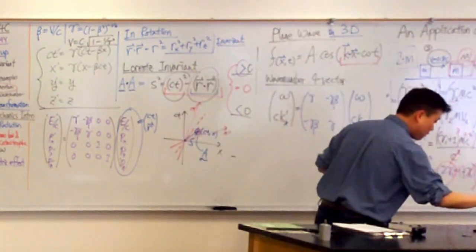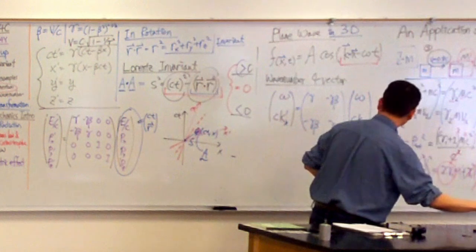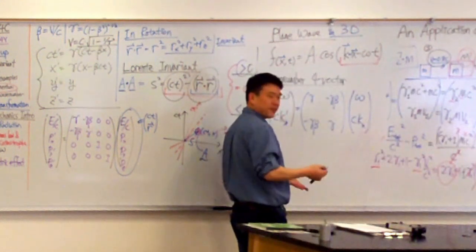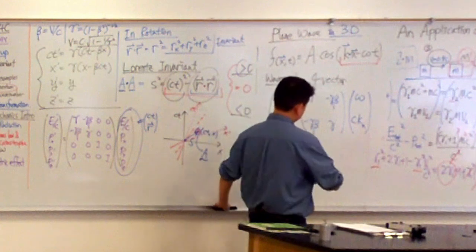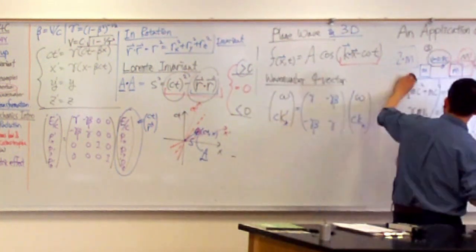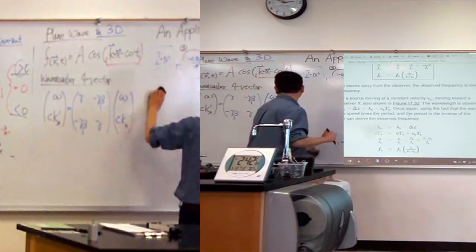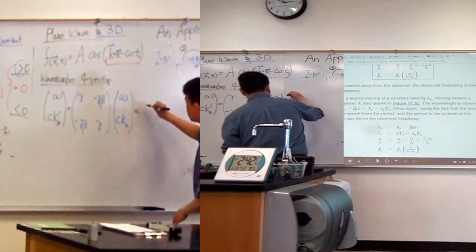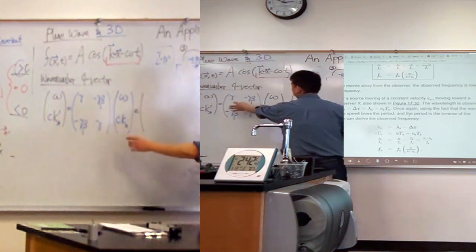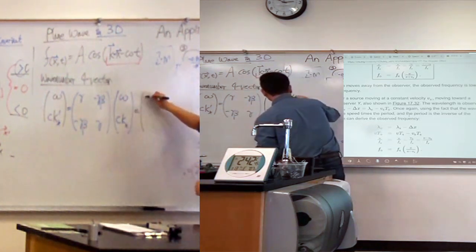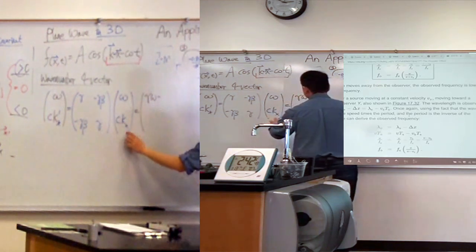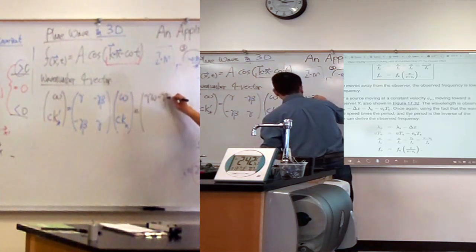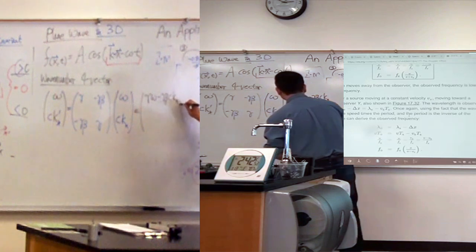So I do the matrix product. People here remember how to do a matrix product? Yes? Okay, so let me erase this and do the product here. So my first component is gamma omega minus gamma beta c kx.